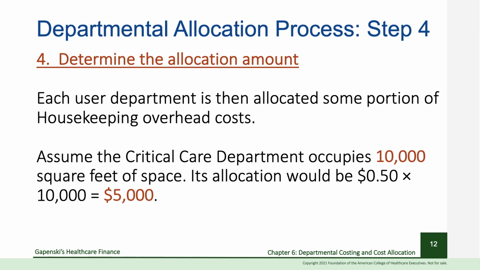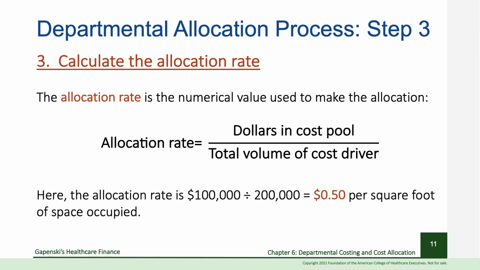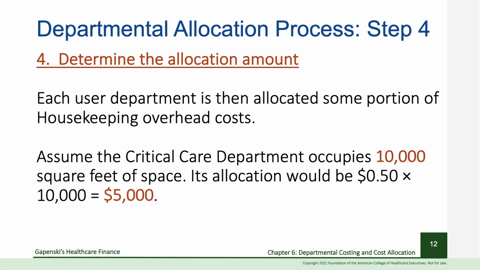Their allocation would be the allocation rate, which we just saw on this slide, 50 cents per square foot of space, multiplied by 10,000 square feet for the critical care department, and we allocate $5,000 of housekeeping to the critical care department. So whatever allocation rate you obtain, you multiply with the square footage of the department to get the allocation amount in dollars.